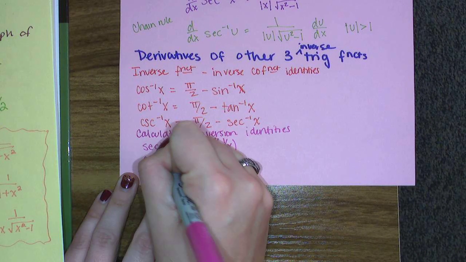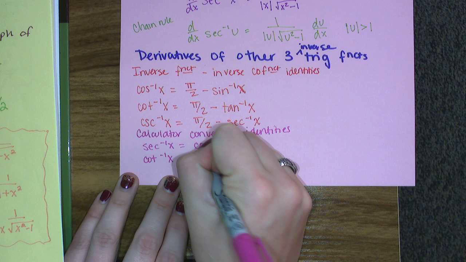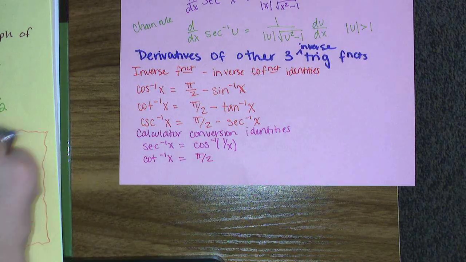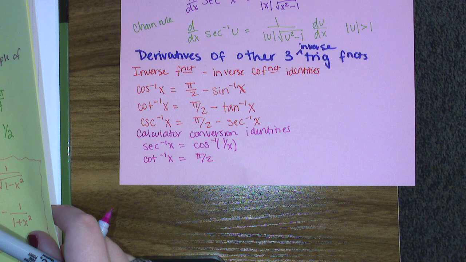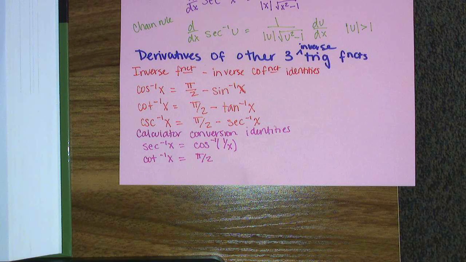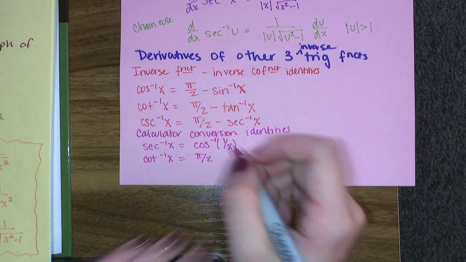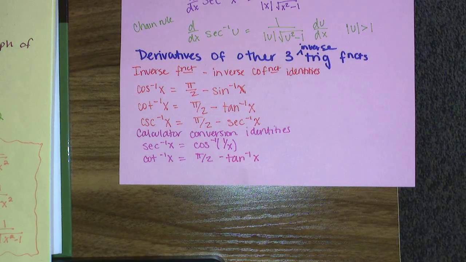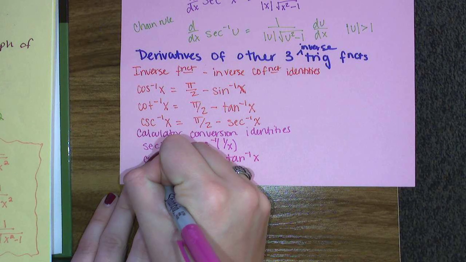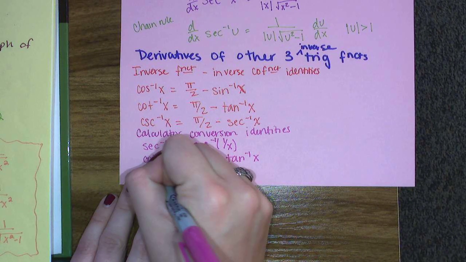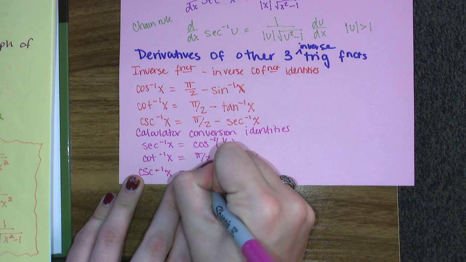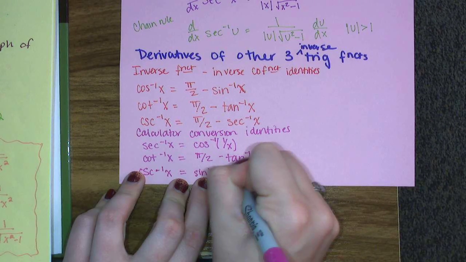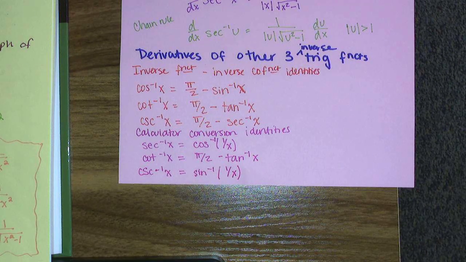The arc cotangent of x is pi over 2 minus the arc tangent of x. So that one doesn't really change, it's basically the same as it was up there. But then arc cosecant of x is the arc sine of 1 over x. So that's where those come from.